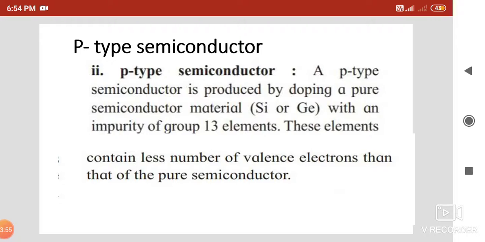Means here the semiconductor, silicon or germanium, belongs to group 14, and the impurity, that is the dopant, is a group 13 element. These elements contain fewer valence electrons than the pure semiconductor. Means group 13 elements contain fewer valence electrons than silicon or germanium.